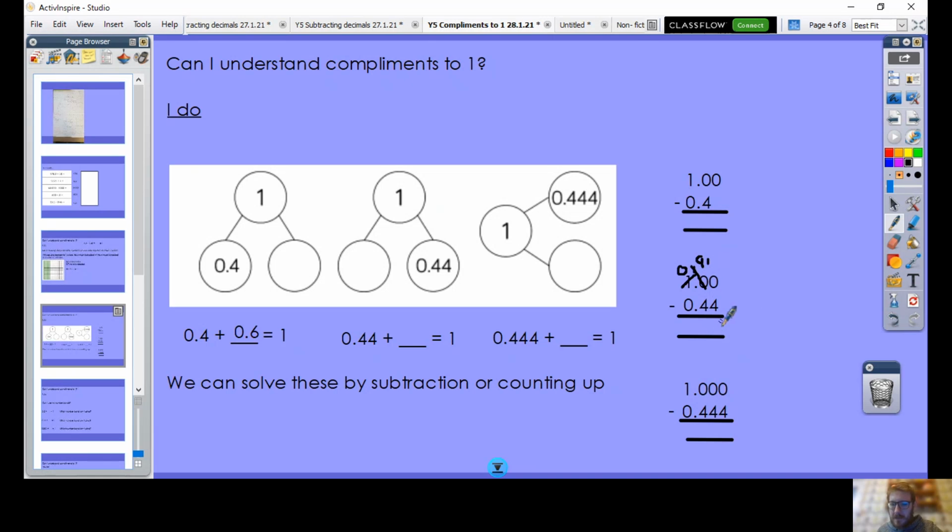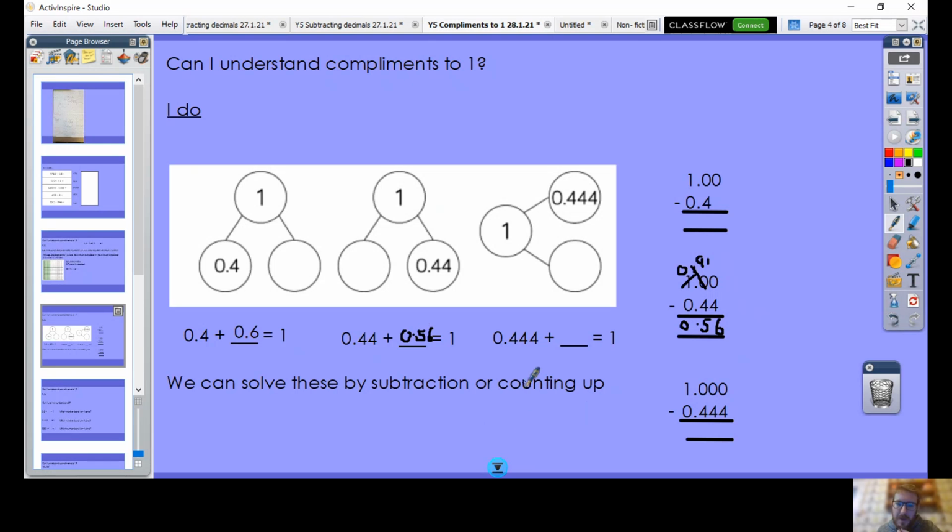So I've got 10 take away 4, I've got 6, 9 take away 4, I've got 5, and then 0 take away 0, 0. So 0.56. Make sure the decimal point is really visible.